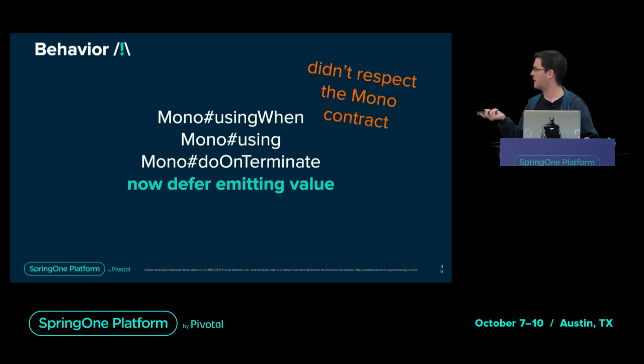And these operators had corner cases where you could have an onNext combined with an onError, which is not supposed to happen. So these have been fixed, but it's important to keep that in mind.